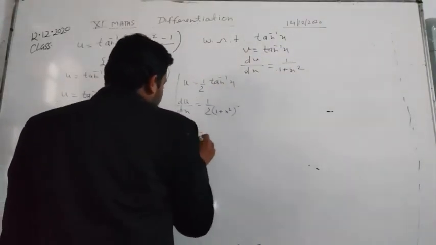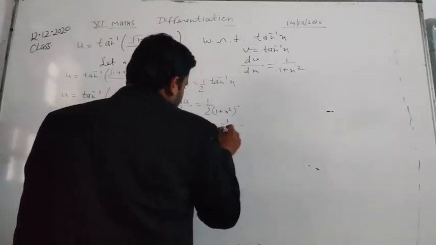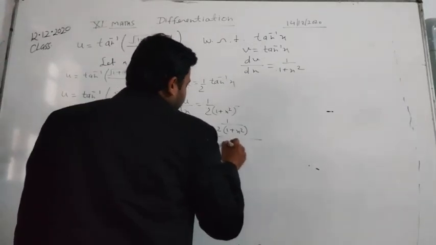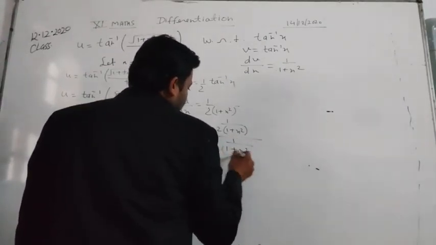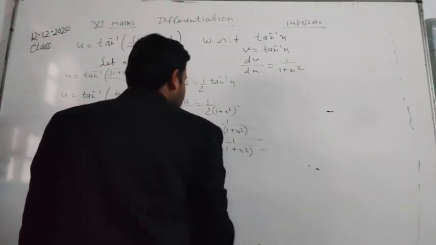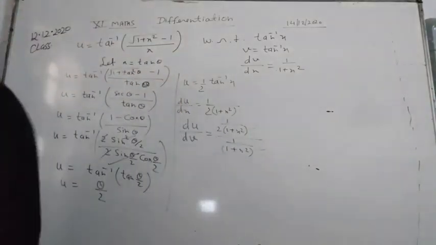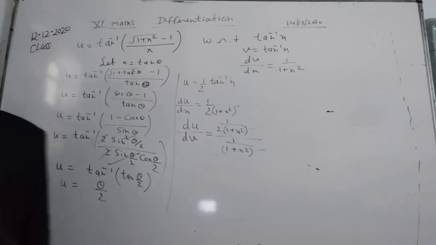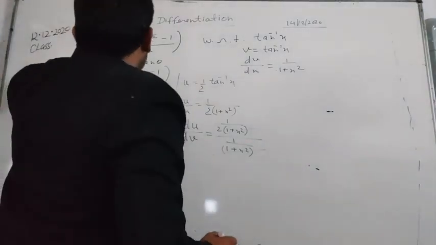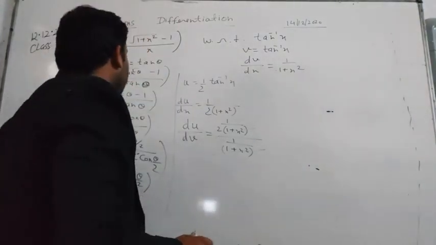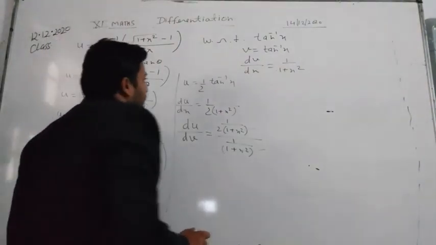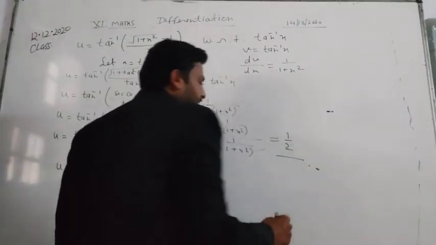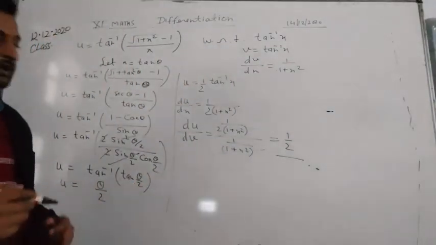So du by dv is 1 by 2 times 1 plus x square, divided by 1 by 1 plus x square. So this is cancelled. Now we get our differentiation of tan inverse of under root 1 plus x square minus 1 by x with respect to tan inverse x as 1 by 2. I hope you understand.